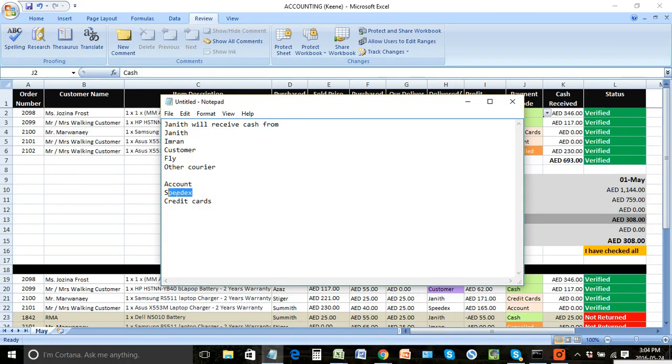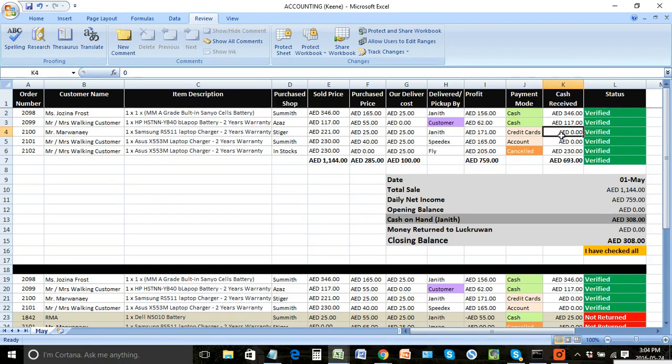So if you select SpeedX or credit cards, it won't go to Janit's hand. That's what this means, and that's why it's 0 here. If a customer paid by credit card, Janit is not going to receive that money in his hand. So you can even say Janit receive, if you want to make it clearer.